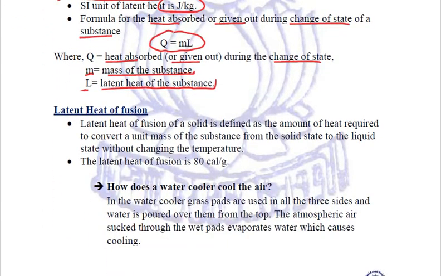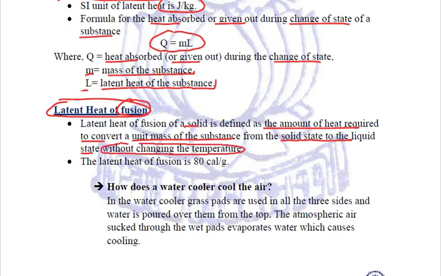Now this latent heat is of further two types. One is latent heat of fusion. Fusion, we know what is fusion. Fusion or melting is one and the same thing. Fusion is the conversion of a solid into liquid. So latent heat of fusion of a solid is actually the amount of heat required to convert a unit mass of the substance from the solid state to the liquid state without changing the temperature.